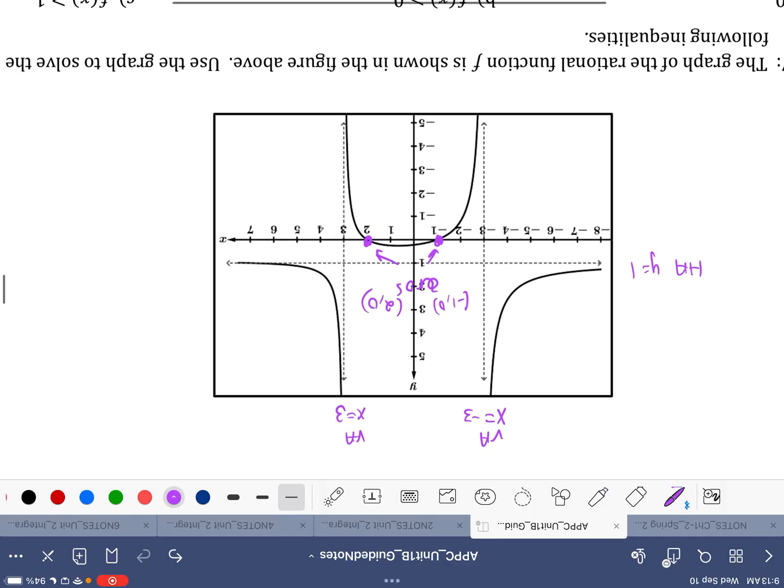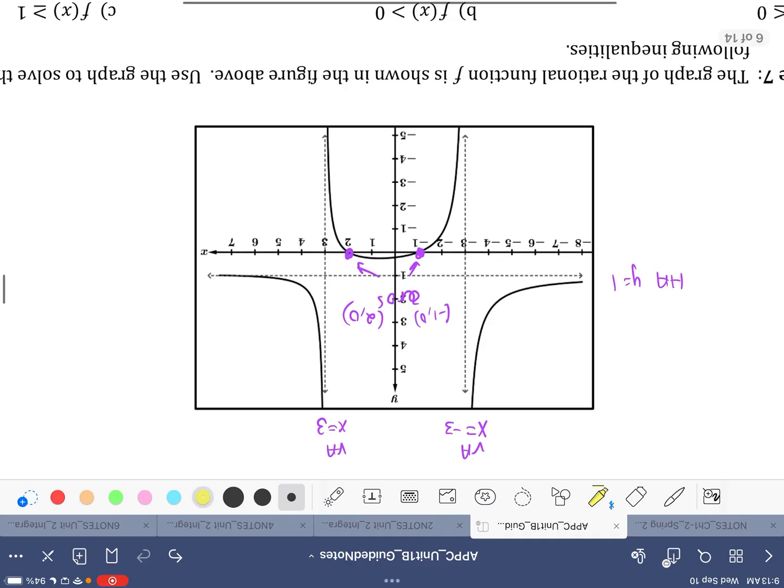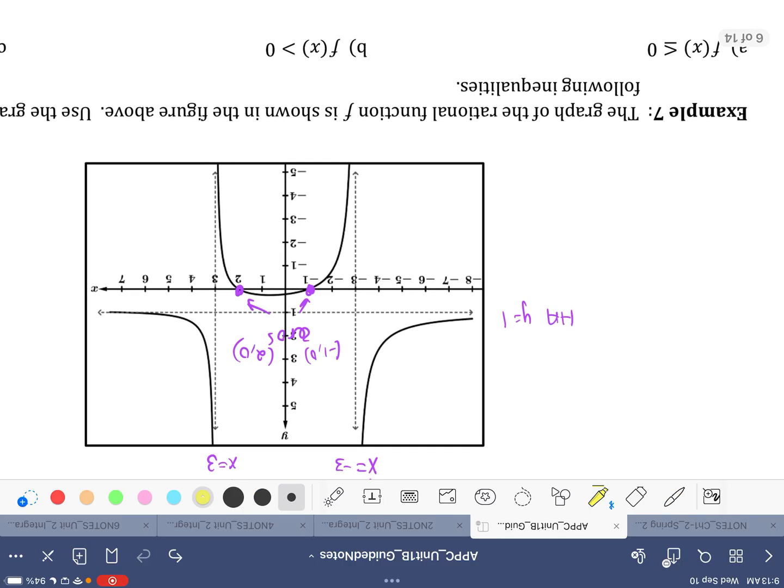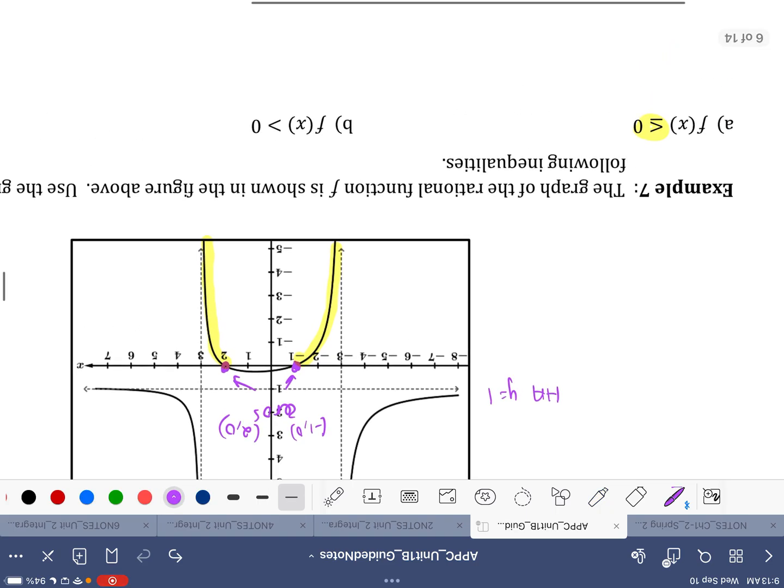So now we can actually answer these questions. We need to think about where's the function less than or equal to 0? So really that's saying, where is it negative or 0? Negative looks like it's here. So this should be pretty easy to complete. Where is it approaching? It's not going x to -infinity.